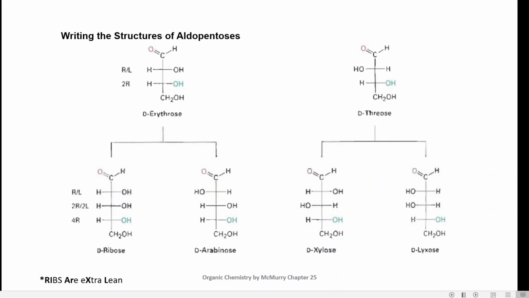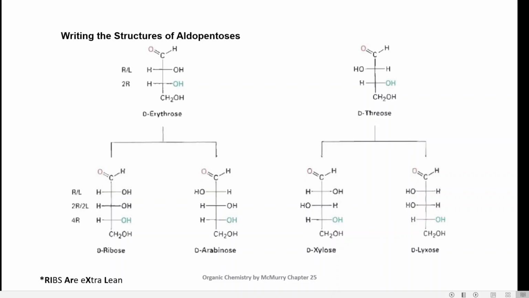The exact reference is mentioned in McMurry, chapter 25. Ribs are extra lean. Ri means ribose or arabinose, extra, xylose, and lean lyxose. So here we are successful in writing the structures of aldopentoses. I hope that you would like this methodology to write down the structures and their names.